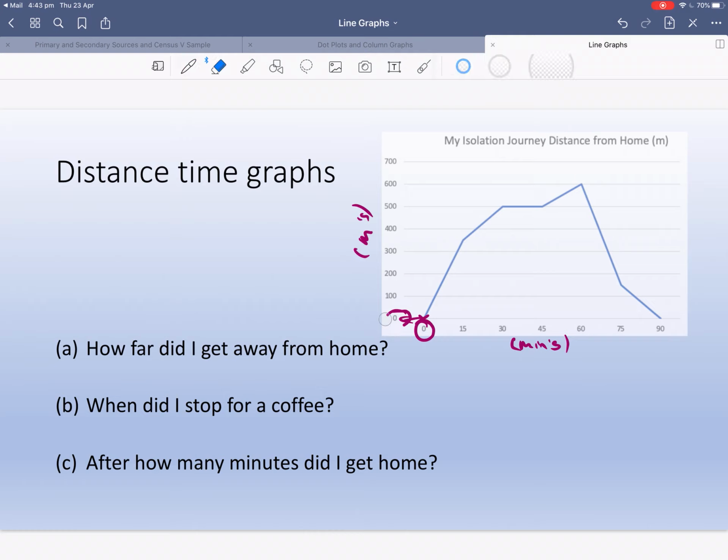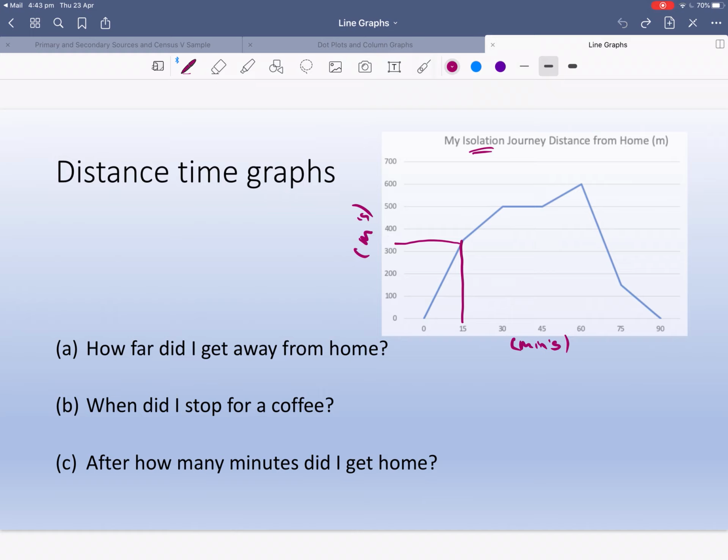But on a day when I was in isolation, I decided to go for a walk. As I was walking, 15 minutes later, I had walked around, it looks like 350 meters. After 30 minutes, it looks like I have walked 500 meters. So hopefully you can see what's going on there.